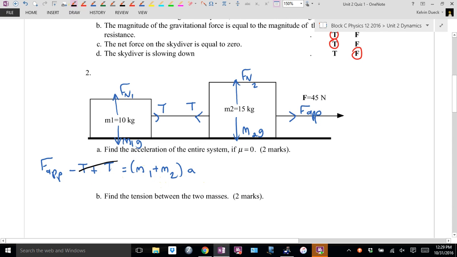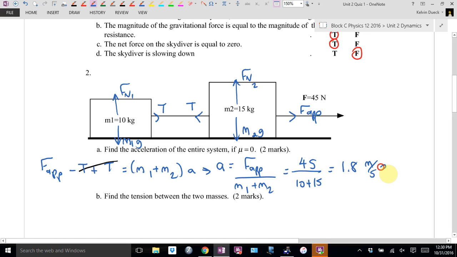I'm going to get the acceleration equals the applied force divided by both masses. It's going to be 45 divided by 10 plus 15. I could do that in my head. 45 divided by 25. It's the same as 9 over 5. 1.8, and it's an acceleration in meters per second squared.